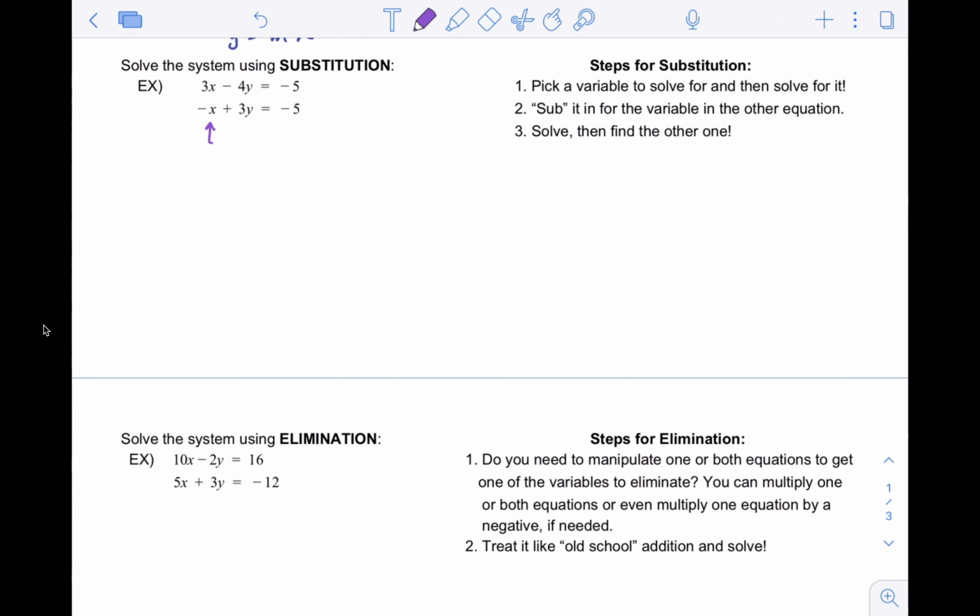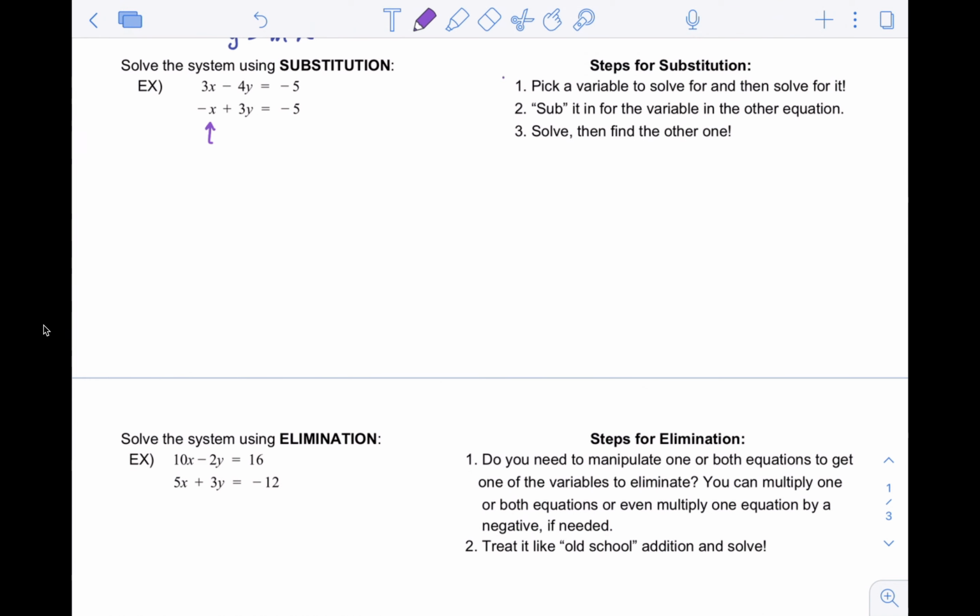The bottom x in the second equation doesn't have a coefficient other than a negative invisible 1. Knowing how we have to get our variables by themselves by reversing PEMDAS, by SAD mapping, we have to really be careful and think through this, because if we have a coefficient in front of a variable like the 3, eventually we're going to have to divide by that number if we're solving for that specific variable. So you want to do whatever looks easiest. In my opinion, a negative invisible 1 looks a little bit easier to get rid of than a 3 or a 4. So let's do it.